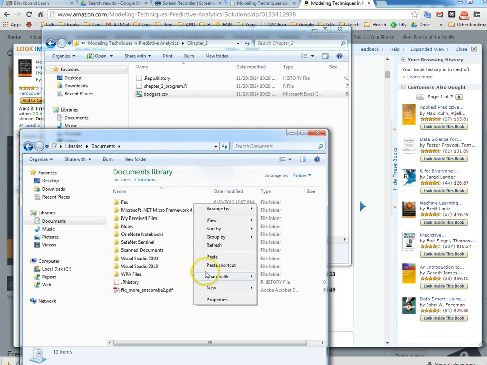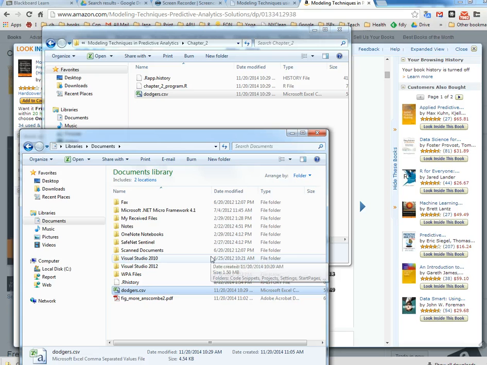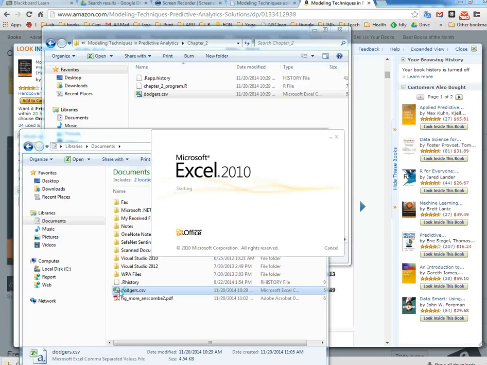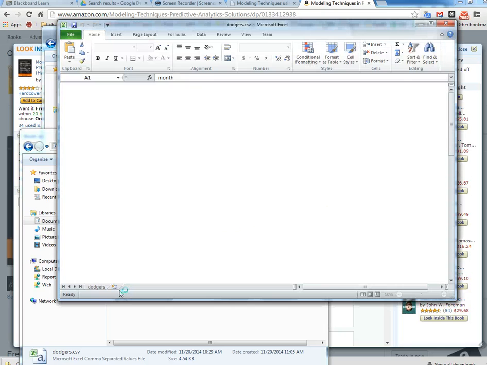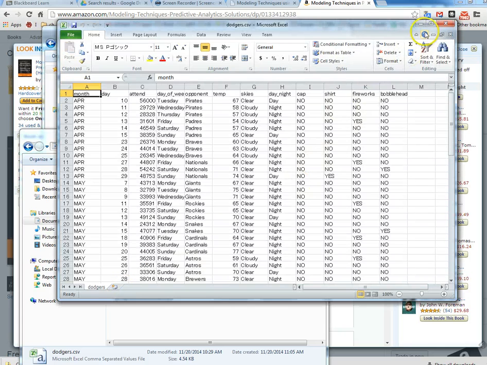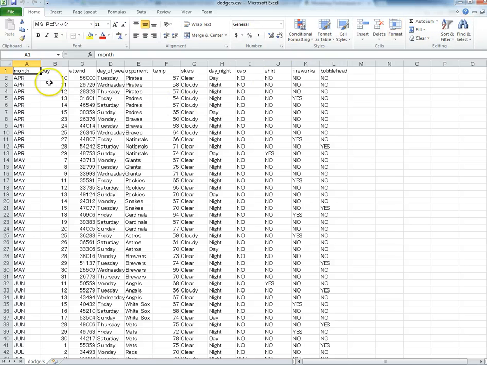Okay? In fact, let's look at that data set first. Let's look at the Dodgers data set. Did we look at this last week? I forget. Anyway, we did, right? Yeah. Okay, just quickly review. Just open it up, and you can see that there are how many variables in this data set?